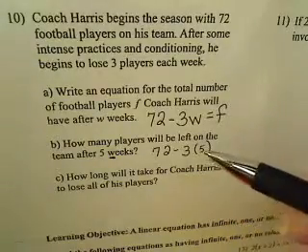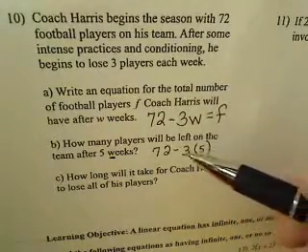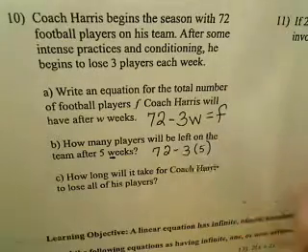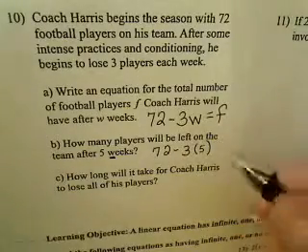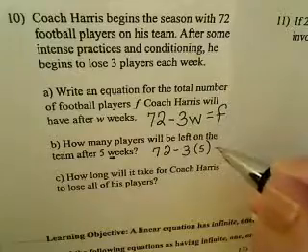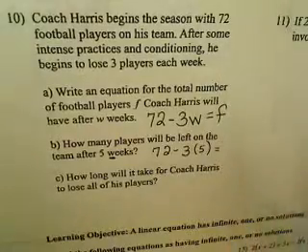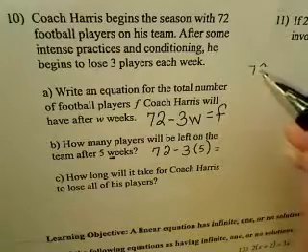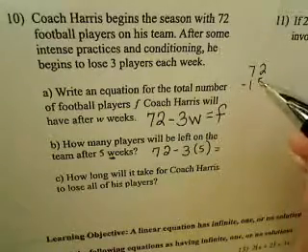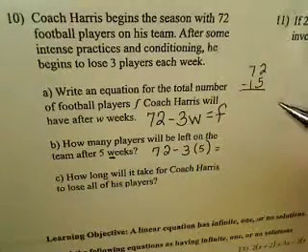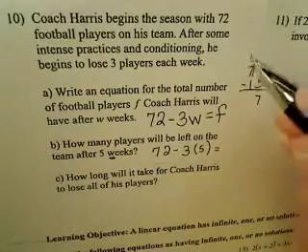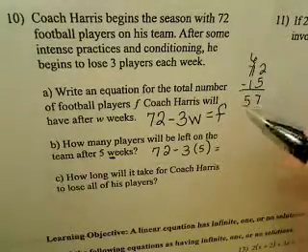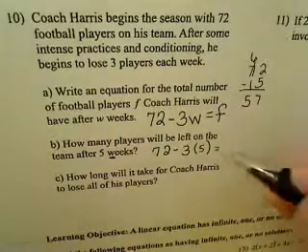So 3 times 5 would be 15. So he starts with 72. He loses 15. So then he ends up with, let's see, 72 minus 15 would give me 57.